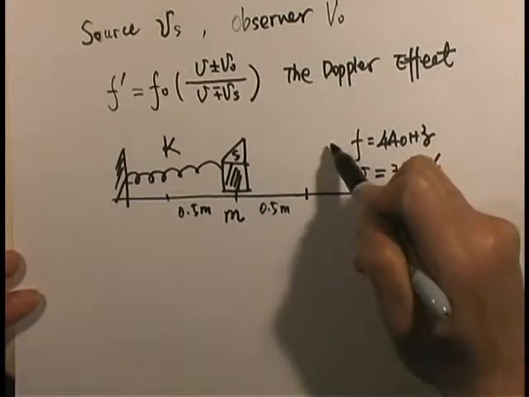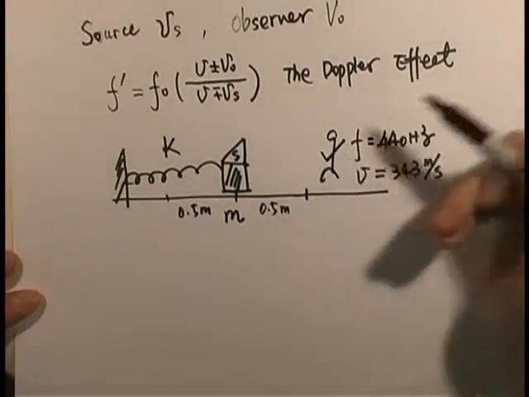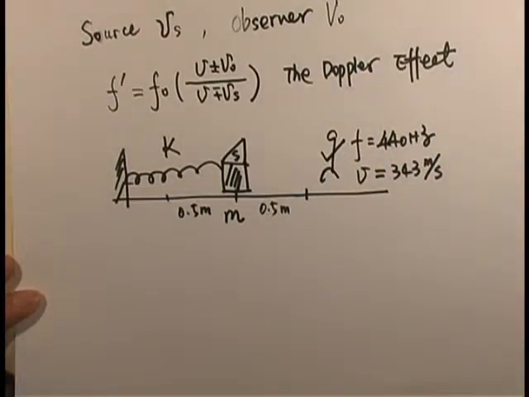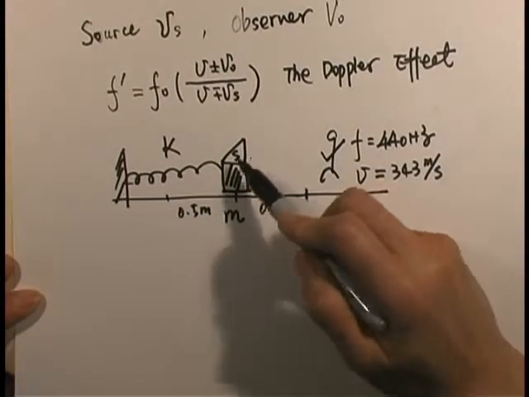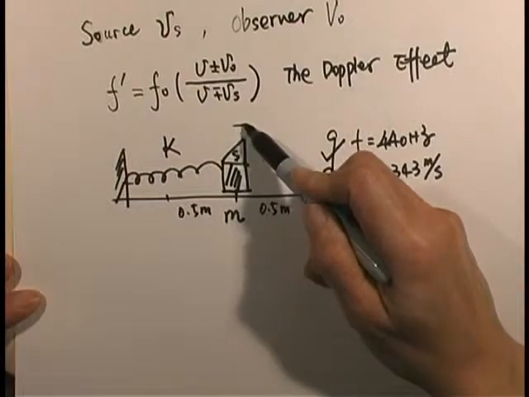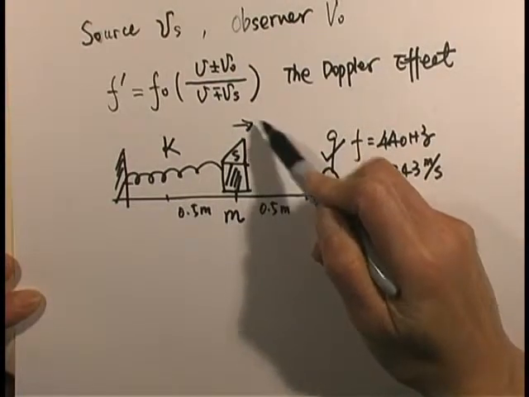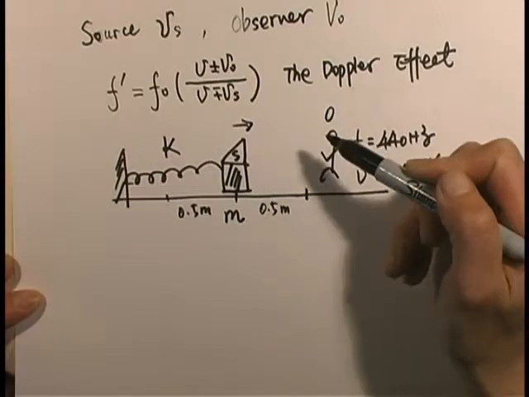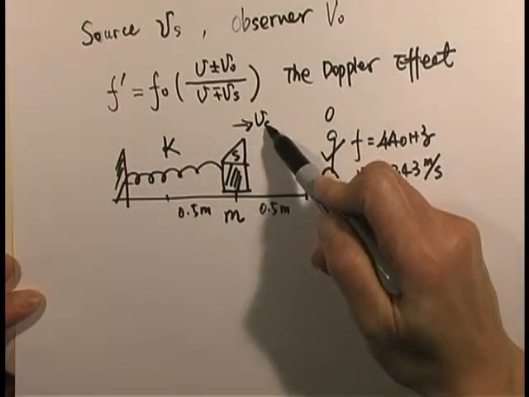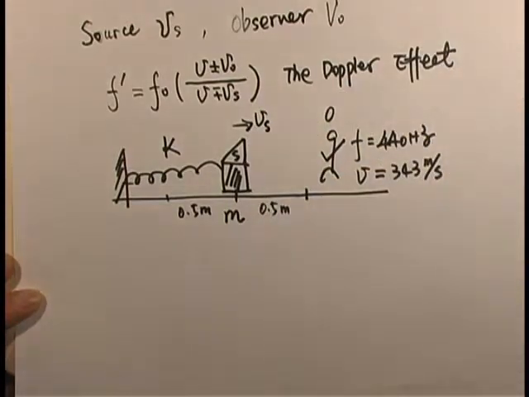Now if there's a person standing right here, what is the highest and lowest frequency heard by this person? Obviously this is the source. When the source moves to the right, the observer will receive a higher frequency. When the source moves to the left, the observer will receive a lower frequency.